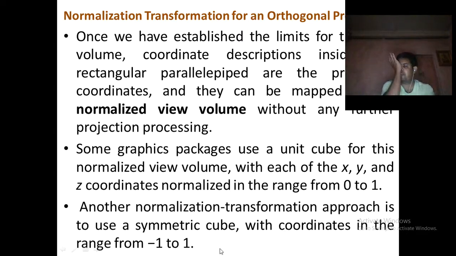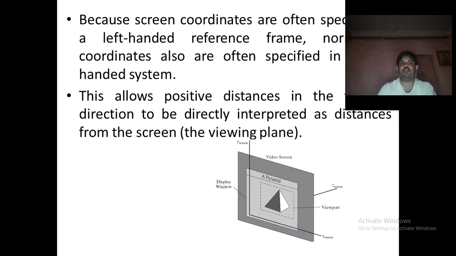As in our lab example, we have taken -1 to +1, with the origin at the center, left -1, right +1, bottom -1, top +1. Whatever view volume we have derived, near, far, x left, x right, y bottom, y top, we have to map to this.